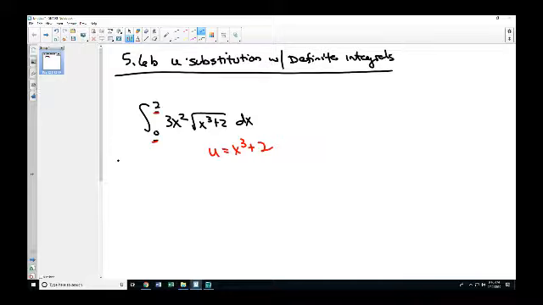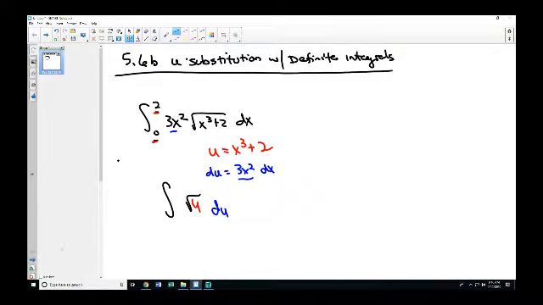Would it just be 3x squared? Okay. So we can set, so these match, correct? Yeah. So we're good with du and the square root of u, correct? Yeah.